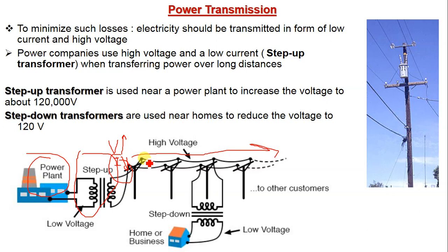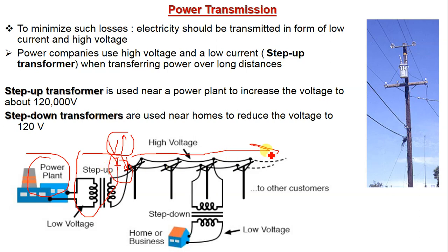These charges are going to heat up all the wires, so making what? Fire hazard, right? So that's why we need to decrease the amount of current passing through the wires. So we use a step-up transformer. It increases the voltage and decreases the current. So always near a power plant we use a step-up transformer.